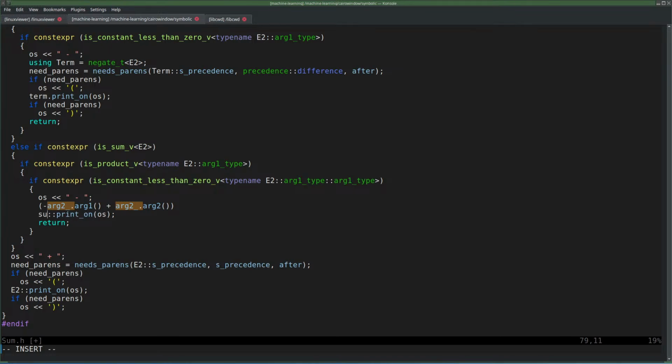Well, that should be some T of negate T of type name E2 arg1 type, comma, type name E2 arg2 type. And the end of the negate. No, the negate is only here.